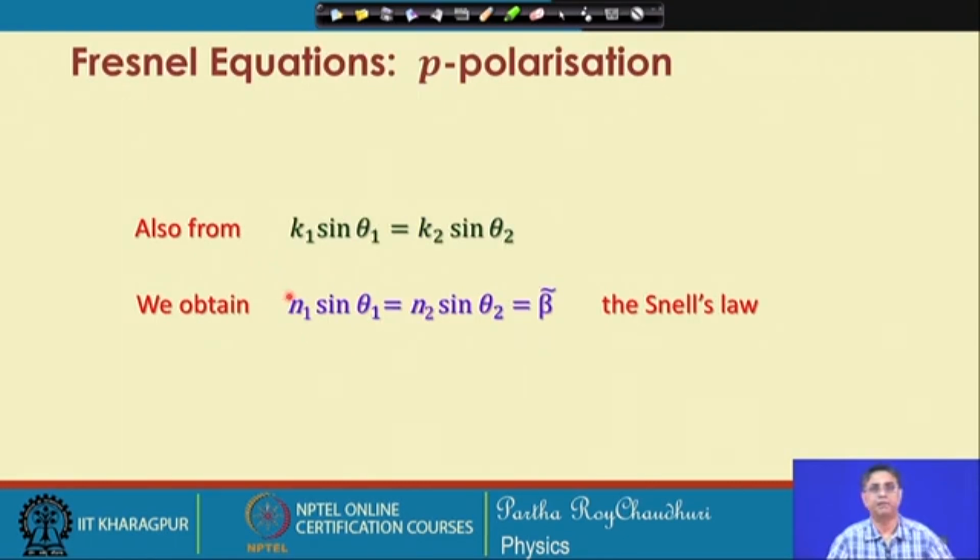And also from the above condition, k_1 sin theta_1 is equal to k_2 sin theta_2.